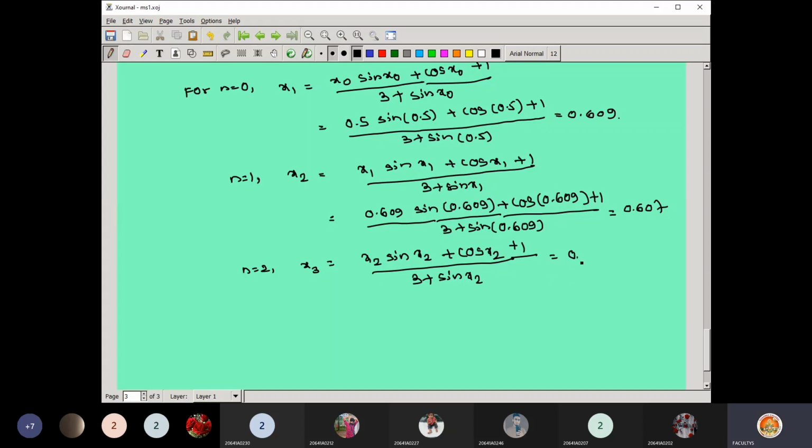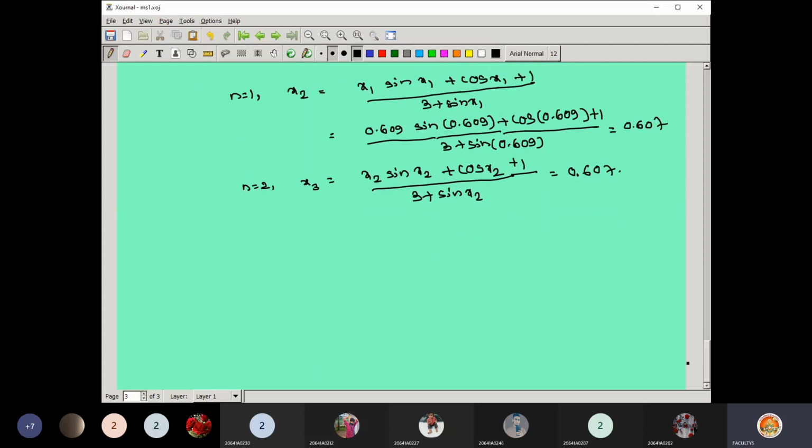Will you get the same or different? 0.607. Okay, so 0.607. Because you are getting the same values, you can stop the process and make a statement.